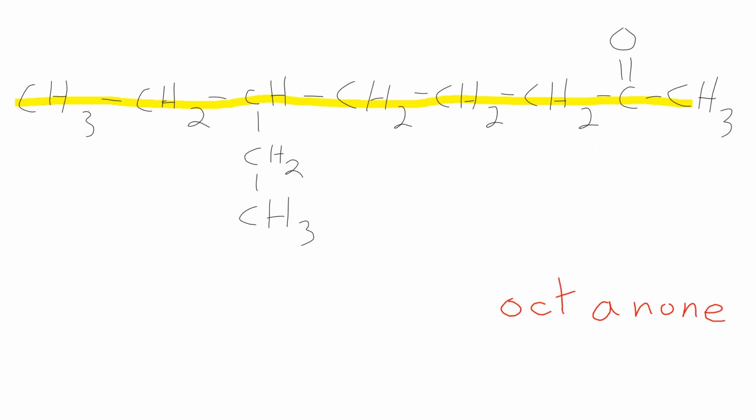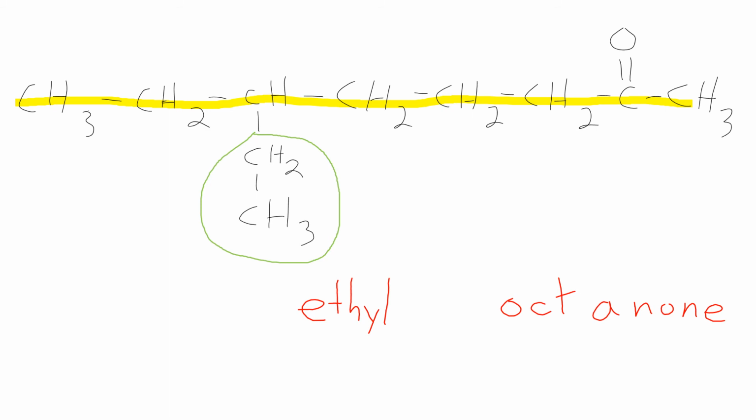So we're looking at octanone. We do have a branch, circling the branch here in green. How many carbons in that branch? 2 carbons in that branch. That makes this an ethyl branch. So we can get that in. Last piece is we need to describe the locations for these key features we see in the molecule.